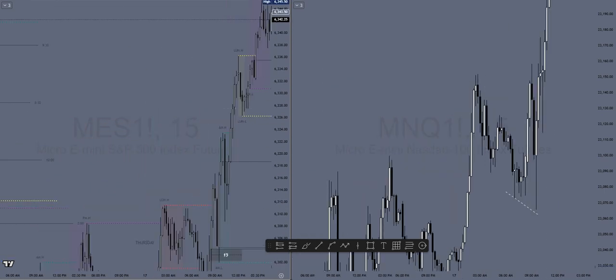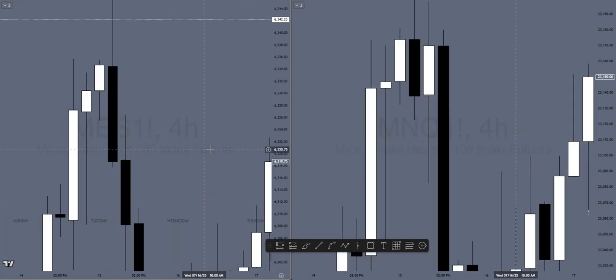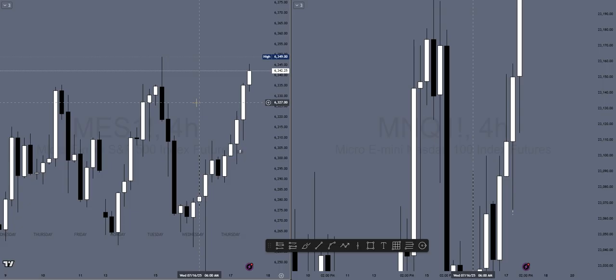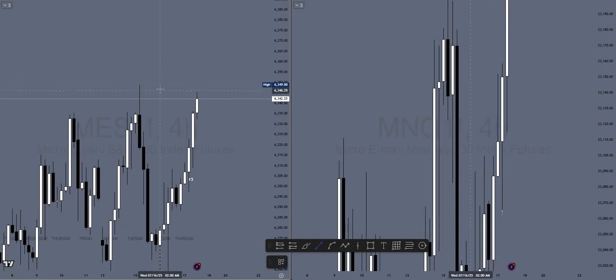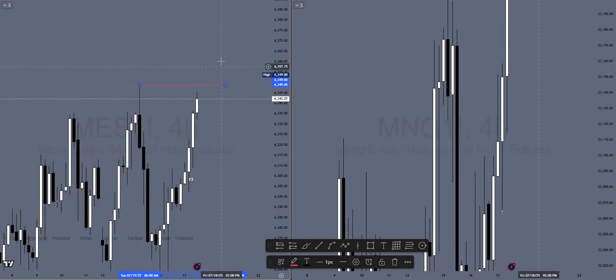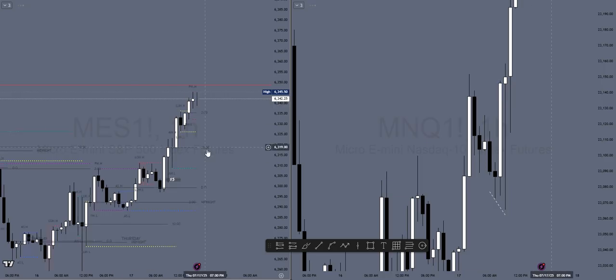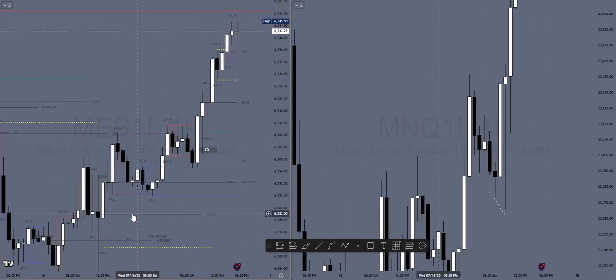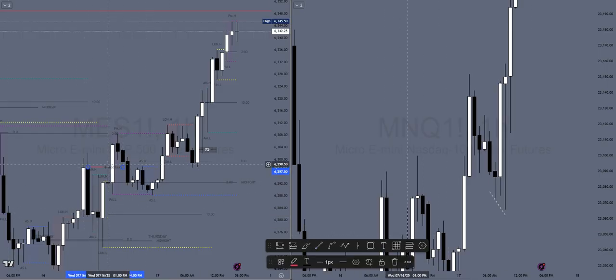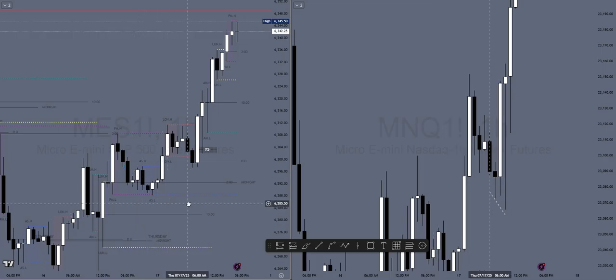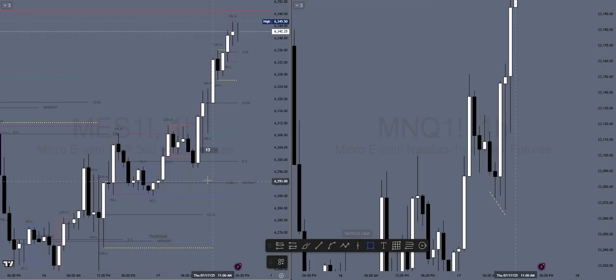I will go into the day, go on a higher time frame, find my draws on liquidity, scale down, and mark out other liquidities and be like, okay, are we bullish? Are we bearish? We see this order block, pretty bullish. You would mark this out as well.